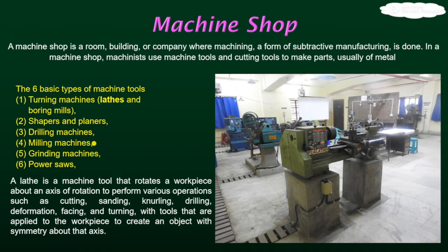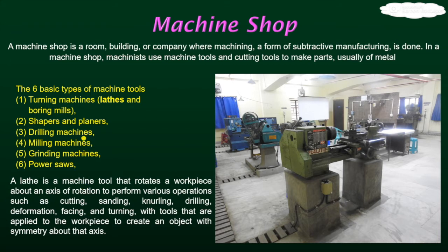Then it is the grinding machine. The finishing of the job can be done, or we can sharpen the surface of the job by the grinding machine. The job here may be a cutting tool also.